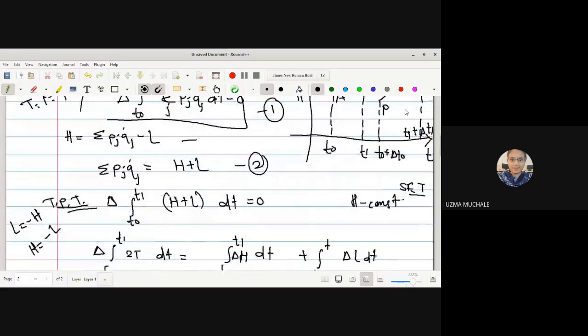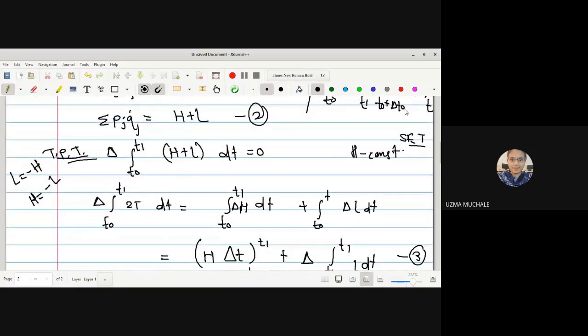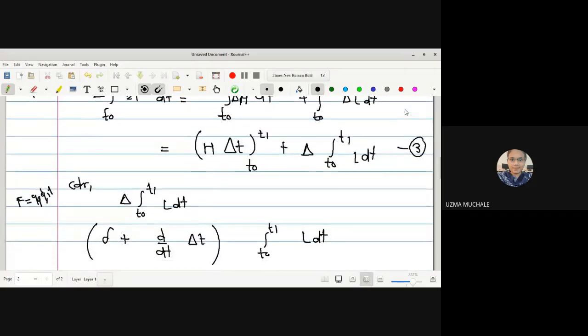After that, we have found the value of summation over j pj qj dot, and then we have found the value is h plus l. After that, we have got equation 3. If I want to prove equation 3 equal to 0, we have to prove that this term is equal to minus of this term. Why? Because h is constant in case of a scleronomic system.